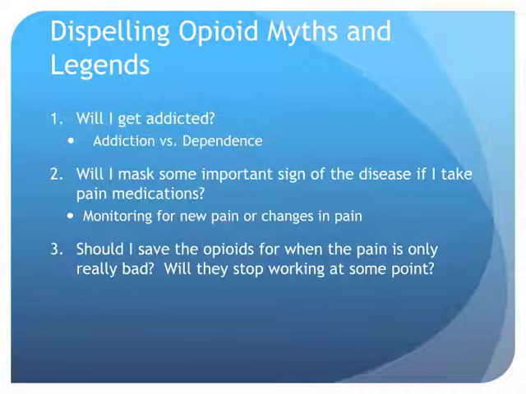The third question that I wanted to address was whether opioids stop working at some point, leading to the conclusion that I shouldn't use those medications because I want to save them for when the pain is worse or very bad. For that myth, I would want to say that it's certainly not the case, and that there's no limit also in terms of the dosing of opioids.